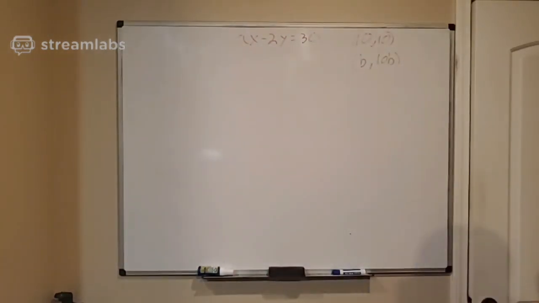Yeah, okay. So looking at the information they gave us, this line passes through the points 10, 10, and B, 10B. They want us to find A and B.